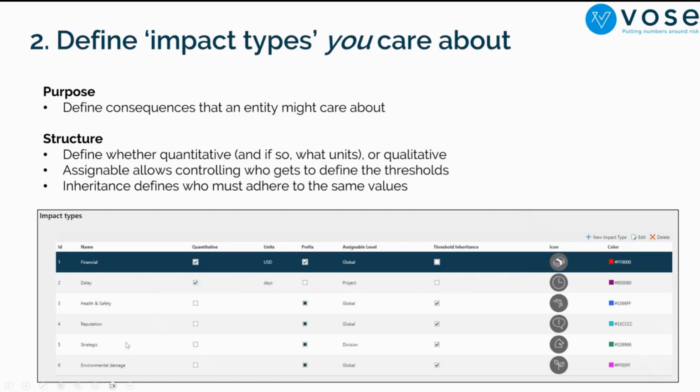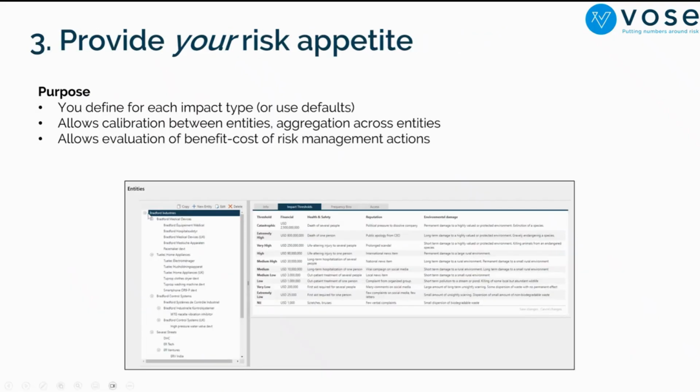And then you provide your risk appetite. So you can define what is the catastrophic level for the whole company, and what is the high level for, say, a project, so that you can calculate impact scores both on the project level and on the global level.